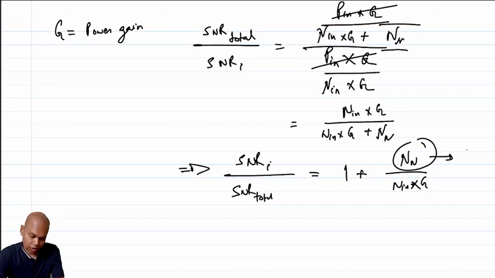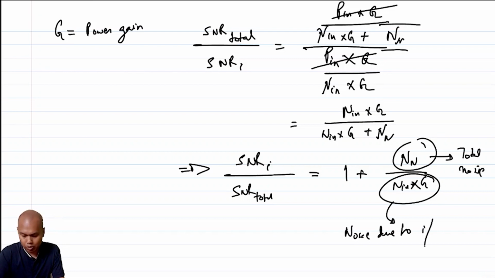This is total noise. And what is N_in times G? This is with noise due to input only. All the other noise sources have been nulled, right?